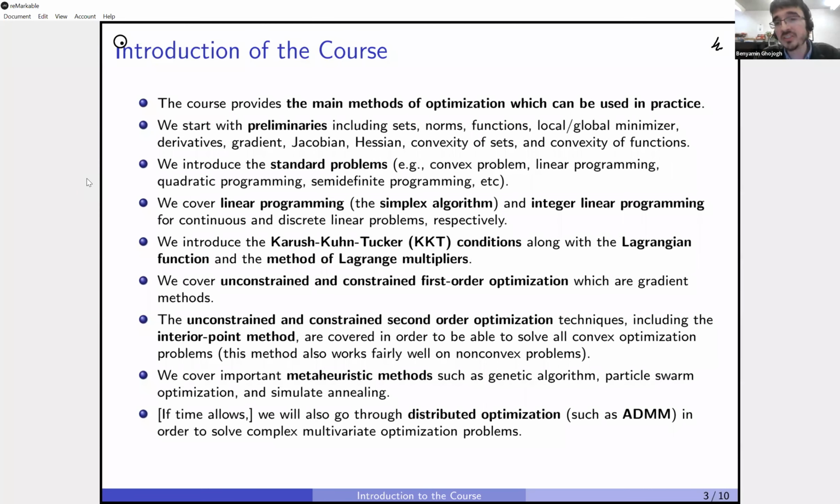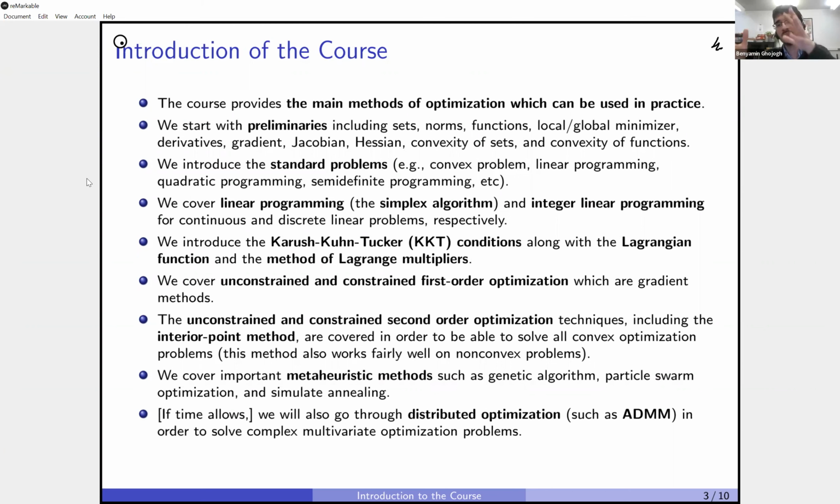We'll cover integer linear programming. We'll say what these are, so if you don't know them, don't worry, we'll go over them. For integer linear programming, we will cover the branch and bound method, which has a tree structure for finding the optimal solution.